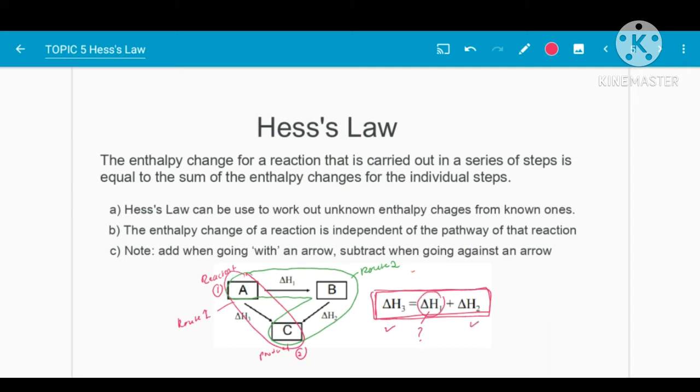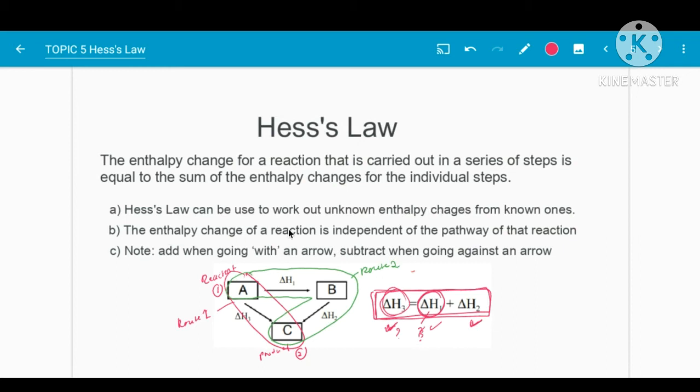So we can calculate enthalpy change 1. In another problem, maybe we don't know the value of enthalpy change 3, but the question gives the information for enthalpy change 1 and enthalpy change 2, so we can calculate enthalpy change 3. This is the first rule: we can calculate an unknown enthalpy change.